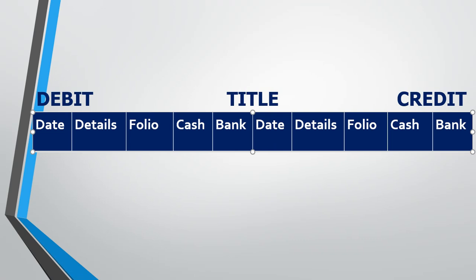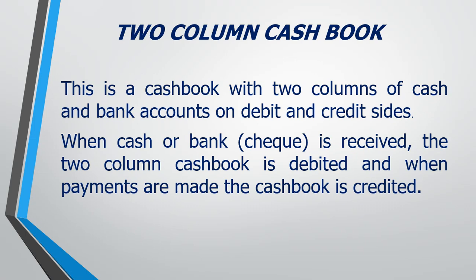But also we have a two column cash book. A two column cash book has both cash and bank columns. So it records both cash transactions and transactions by check. So when a check is received, the bank column of the cash book is debited by the amount.